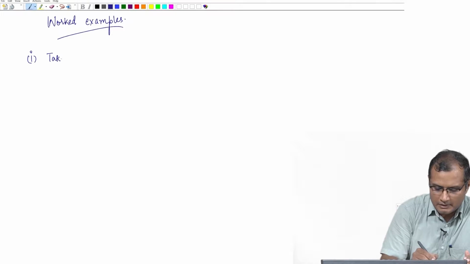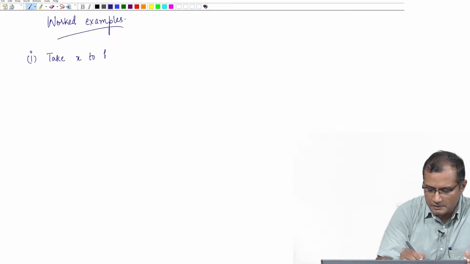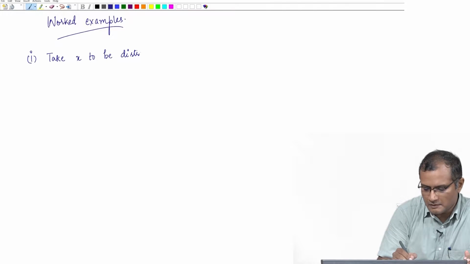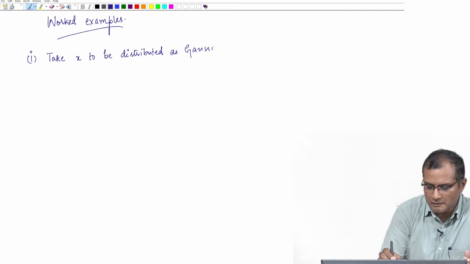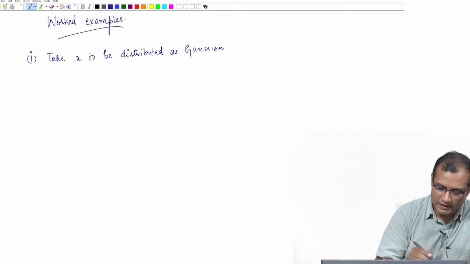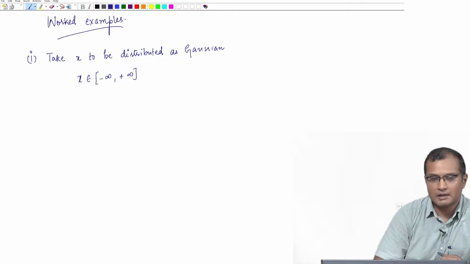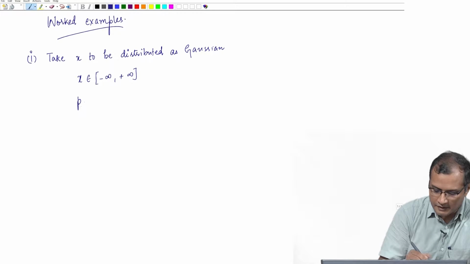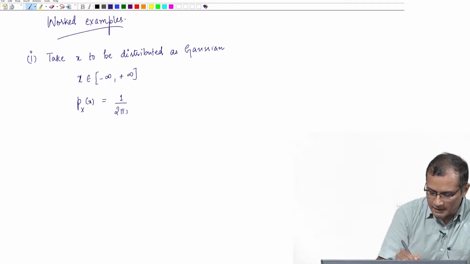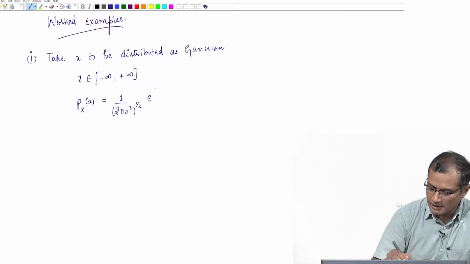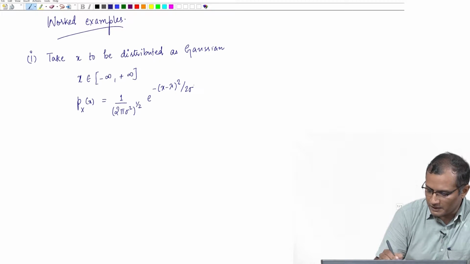take x to be distributed as a Gaussian, so I have taken the range of x to be minus infinity to plus infinity, and the PDF is basically 1 upon (2 pi variance) to the power half into e to the power minus (x minus lambda) square over twice variance.